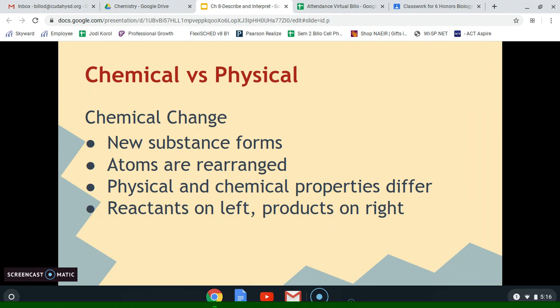So you're looking for evidence of that new substance forming. A couple things that can tip you off to this is that the properties are going to be different. And when we actually write these chemical formulas, they're going to be in new arrangements. So the atoms are not going to be in the same chemical compounds that they were to begin with.